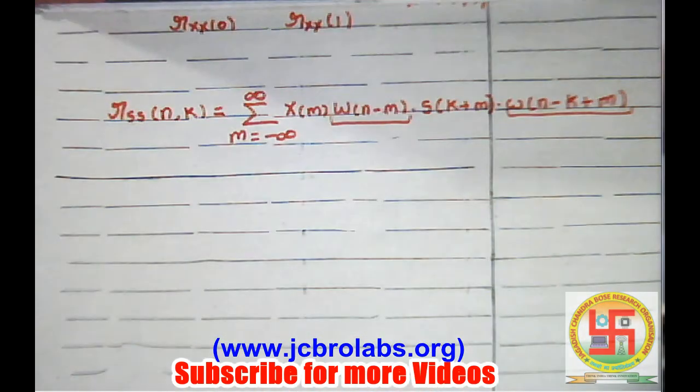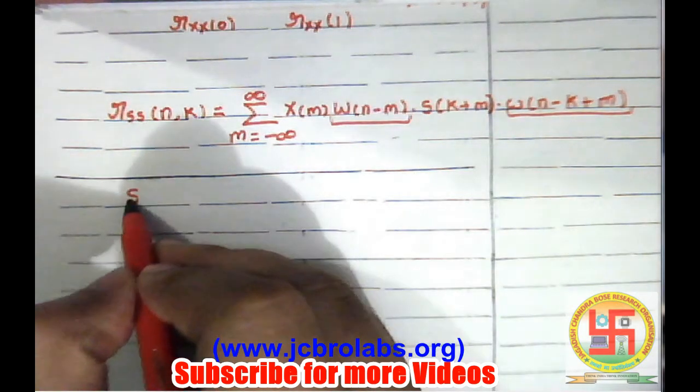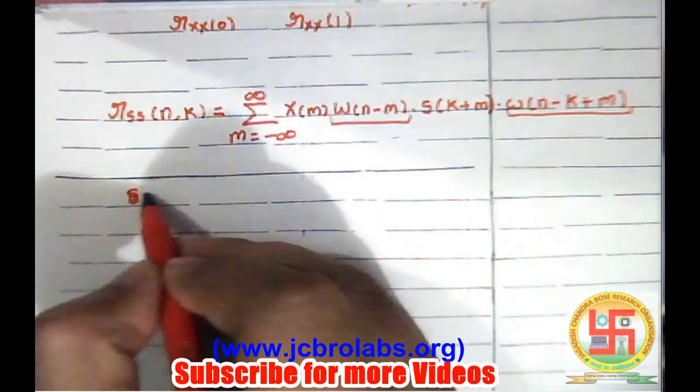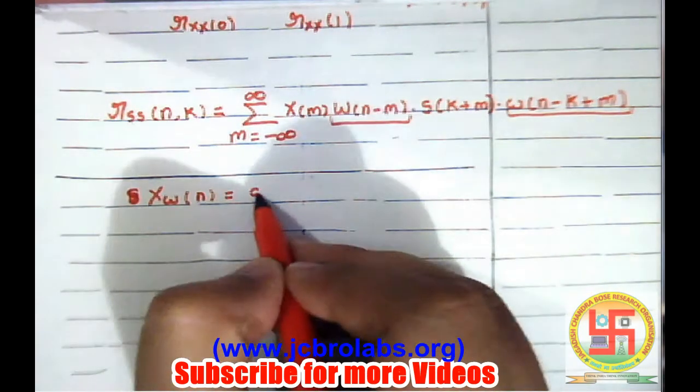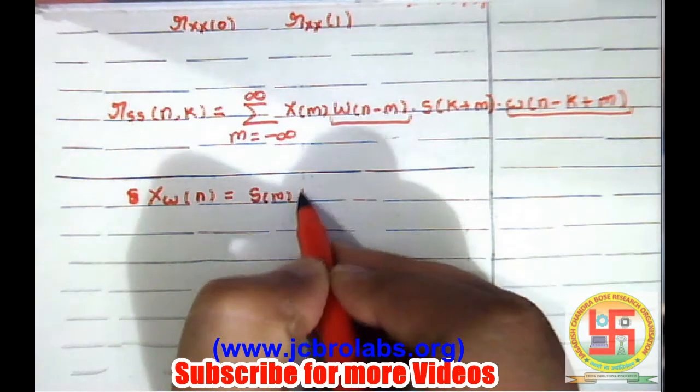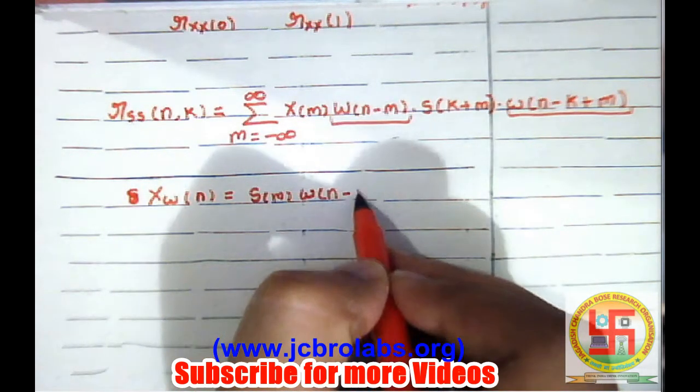This w of n minus m is the window, as we discussed in our last lecture on short-term energy, and we can write this windowed signal as x w of n equals s of m into w of n minus m.